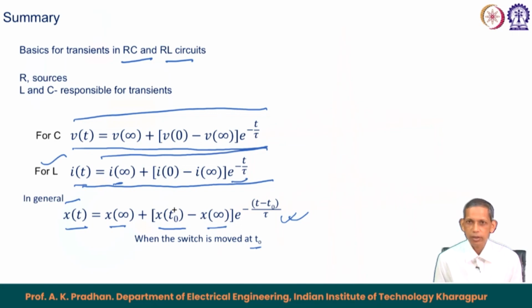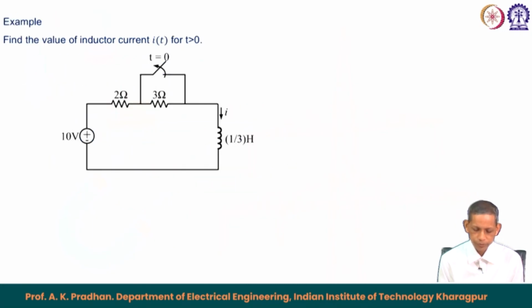Another perspective is that for the capacitor it is V(t) and for the inductor it is I(t), but this is also valid otherwise. For the inductor also the corresponding V(t) expression happens to be this, and for the capacitor also the corresponding current expression happens to be the same one. This is from the complete response, transient part and steady state part perspective.